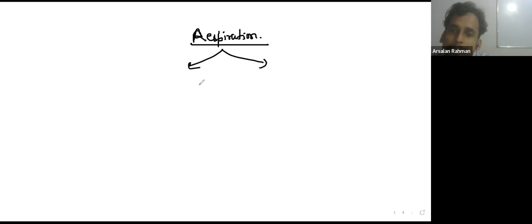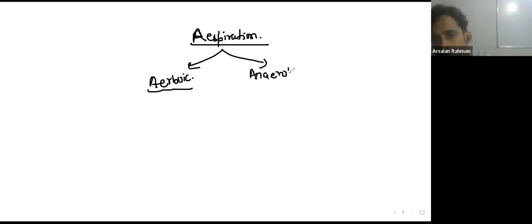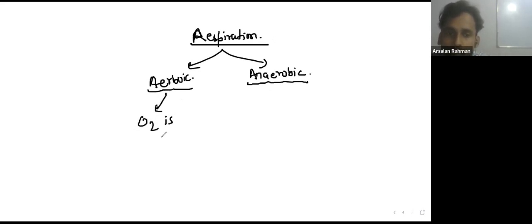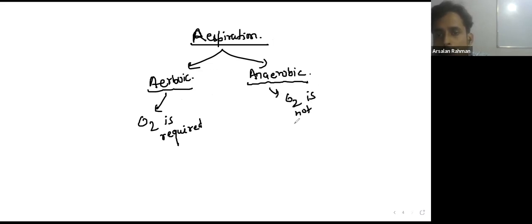The first one is aerobic and the second one is anaerobic. Have you heard about aerobic respiration and anaerobic respiration? Aerobic respiration is that respiration in which oxygen is required. And anaerobic respiration is that in which oxygen is not required.